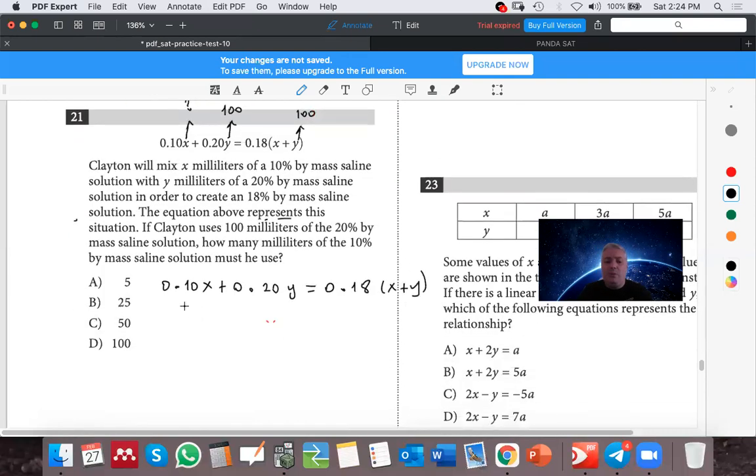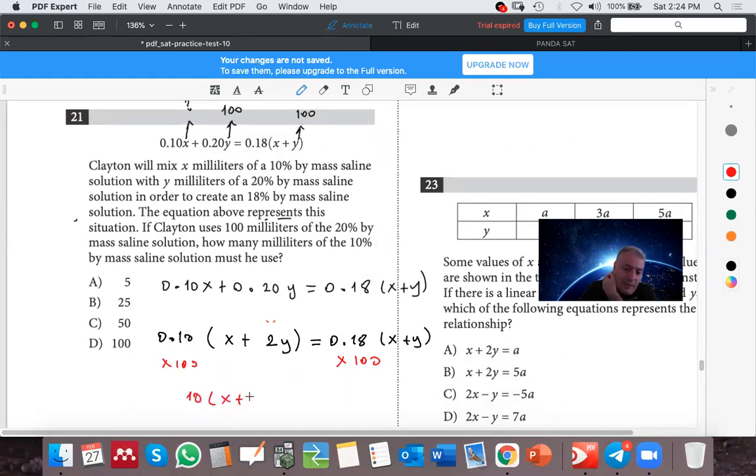What am I going to do? 0.10 and 0.20. Can I say 0.10 common parenthesis x plus 2y is equal? You don't need to do this. If you wish, you can skip this step, but I want to do it. And then 0.10 and 0.18, if I multiply by 100 both sides, the equation will be the same. It will be 10 times x plus 2y is equal to 18 times x plus y.